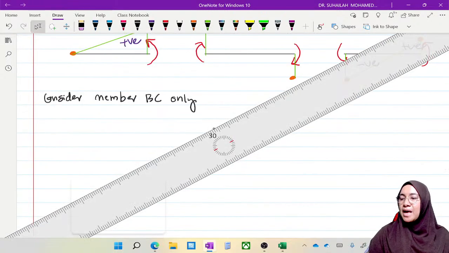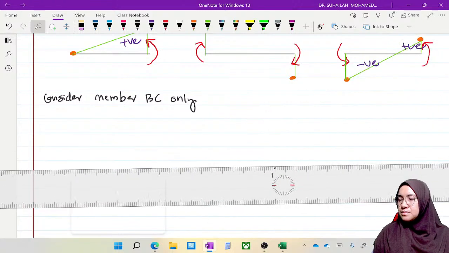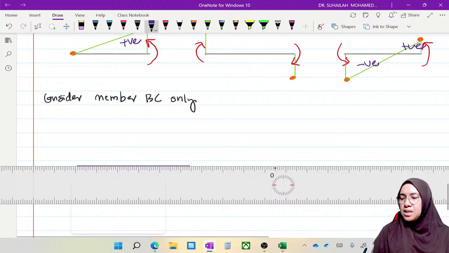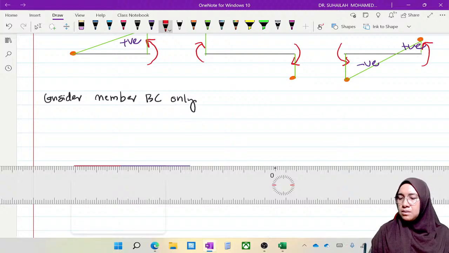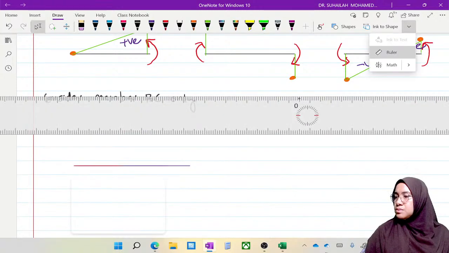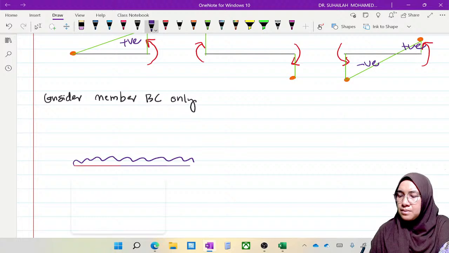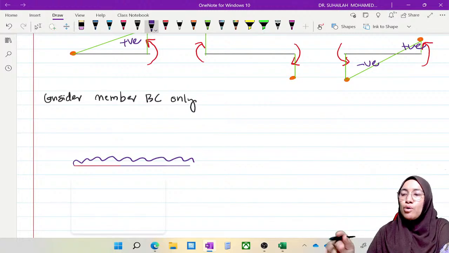Member BC has UDL. Since this is an internal member, we need to draw the free body diagram.